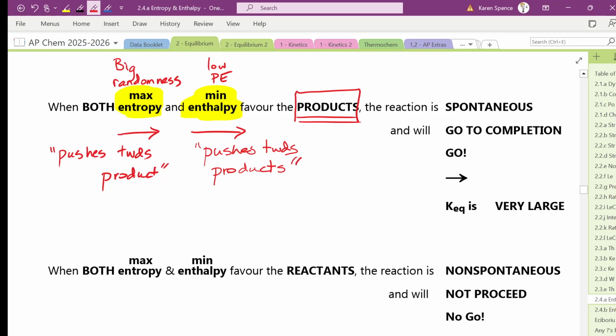And if you've got two things pushing towards products and nothing pushing back, what's that reaction going to do? Everything's pushing towards products. It's going to go to completion, okay? It's going to go to completion. And the Keq will be very large.